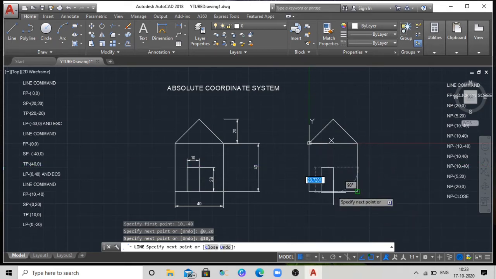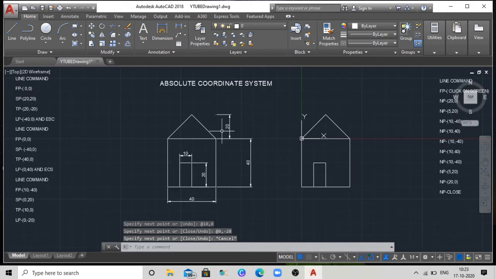It came here. And the last point equal to 0,-20. And escape. So here we have done the example figure by the absolute coordinate system. So we understand now that in the absolute coordinate system the x and y distances are measured from the origin. So I will delete this.